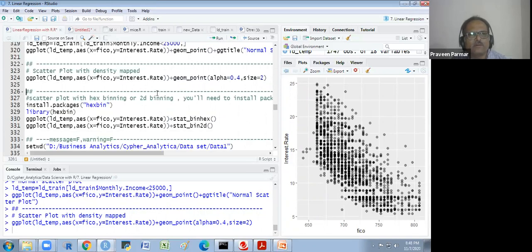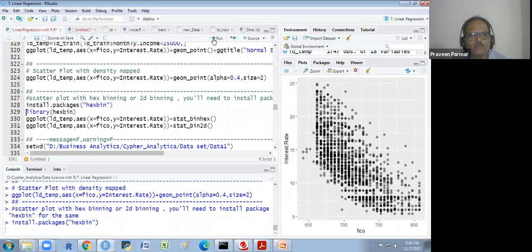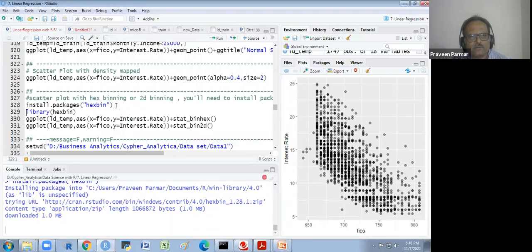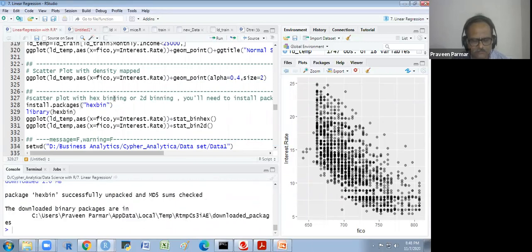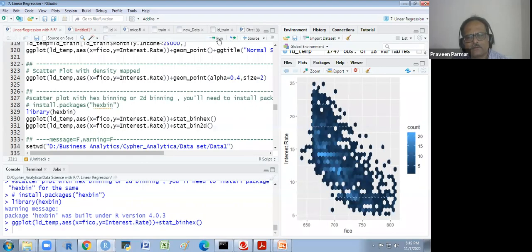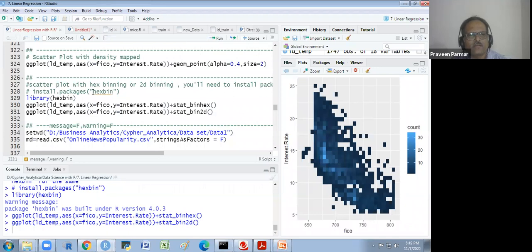And I have taken hexbin from the library hexbin, whether it was installed or not. Okay, I just take it, then I run this. Well, this is a different way I have shown this graph.